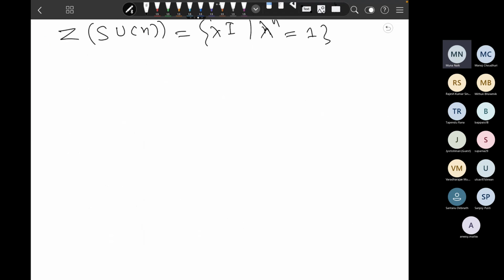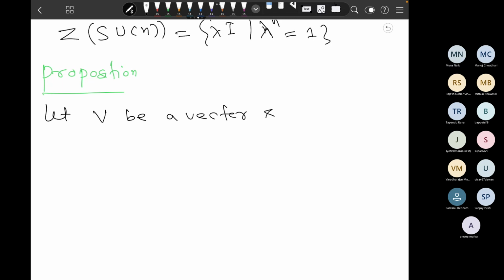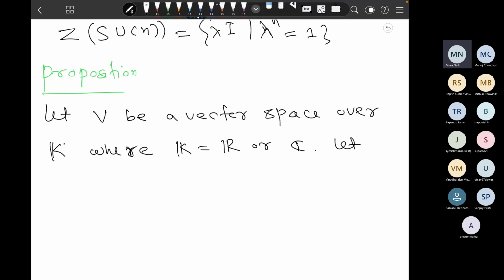Okay, so first thing is, recall I have told you a proposition. Let V be a vector space over K, where K is equal to R or C. Let A, B belong to End(V) over K. Suppose AB is equal to BA.